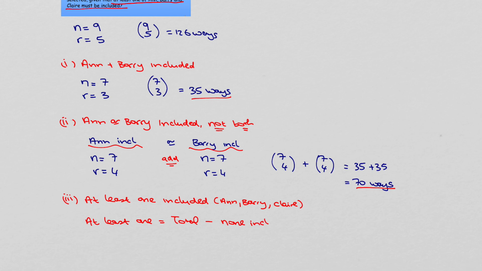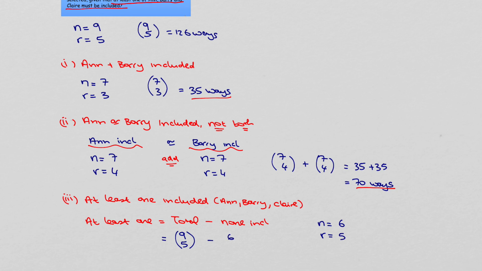So our total, I showed you at the start, was 9 choose 5. So in other words, selecting 5 from a total of 9, minus none included. So if Anne, Barry and Claire are not included, that means we have a total of 6 other people to look at giving the ticket to. And if Anne, Barry and Claire are not included, that means they're not getting the ticket, and therefore that means there are still 5 tickets available.